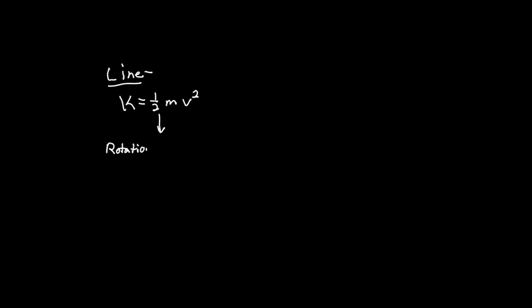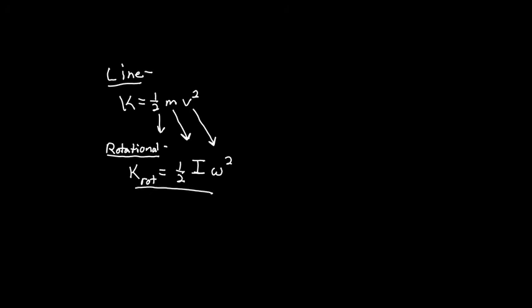Rotational kinetic energy is very easy to find as long as we remember these equations from previous studies. Kinetic energy, if I'm rotating, we'll call it K rotational, is equal to 1/2 the rotational analog to mass, which is I, times the rotational analog of velocity, which is angular velocity squared. So this gives you your rotational kinetic energy.